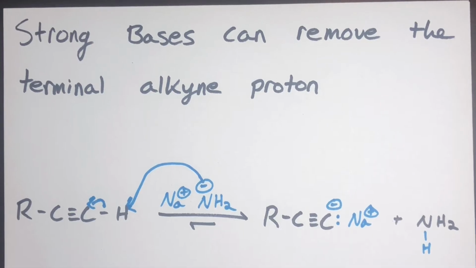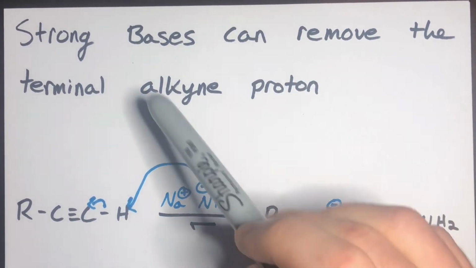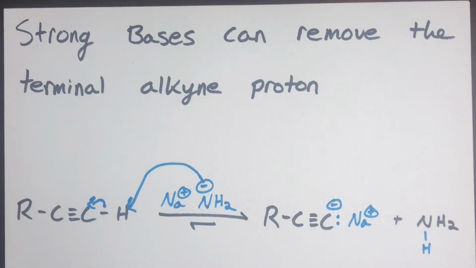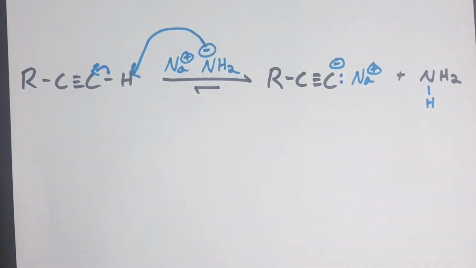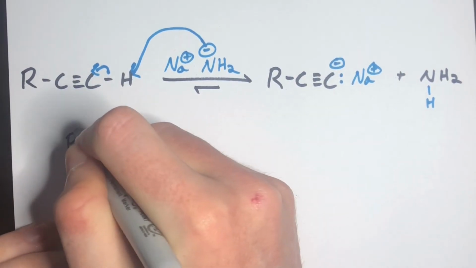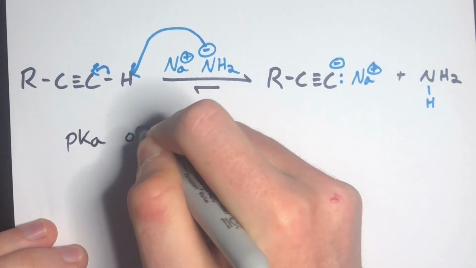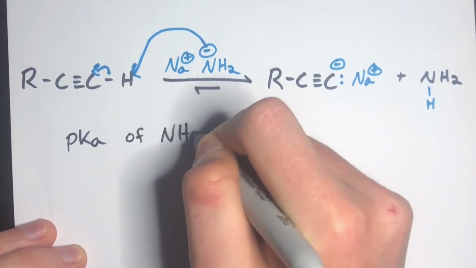As I just mentioned, some strong bases can remove the terminal alkyne proton, but what are some of those bases? Well, one of them is sodium amide, which is NaNH2. The reason this is so strong is that the pKa of ammonia, NH3, is approximately 40.